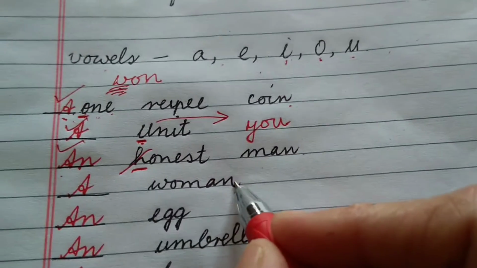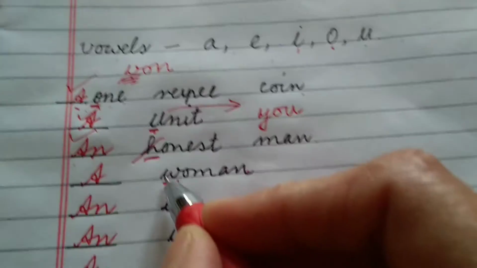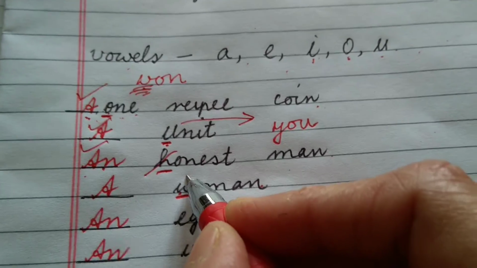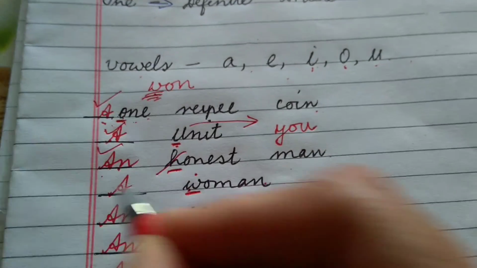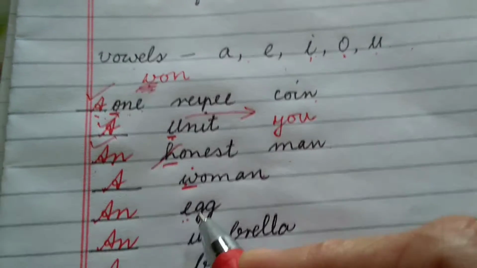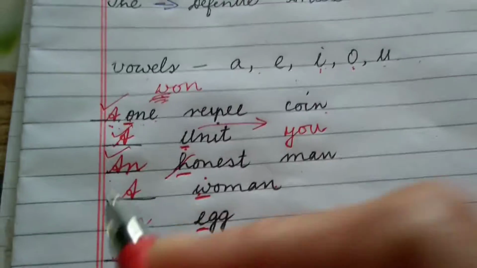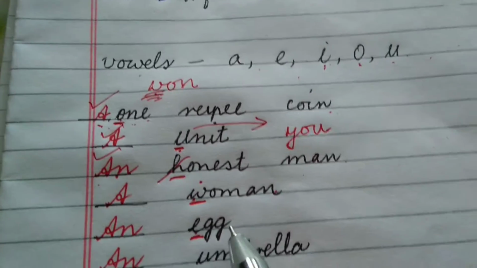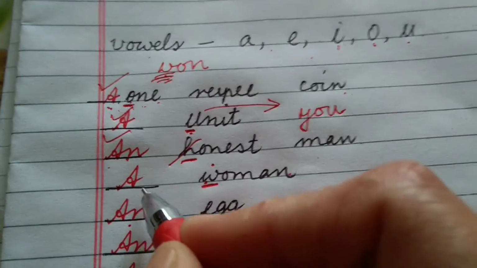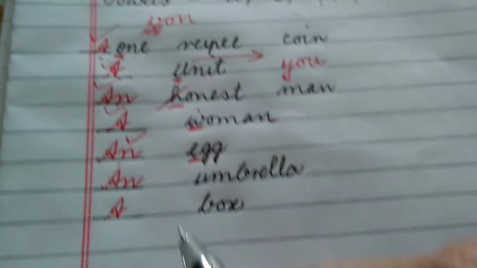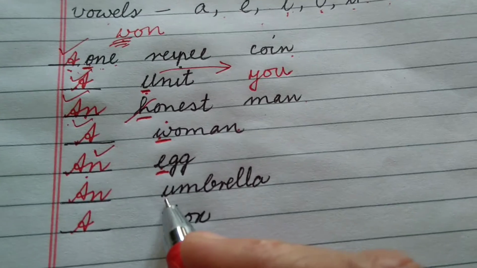A woman. W, a consonant, is written and it is giving a consonant sound. So a is written. Egg. Starting with a vowel and giving a vowel sound. E for egg, A. So an is written.